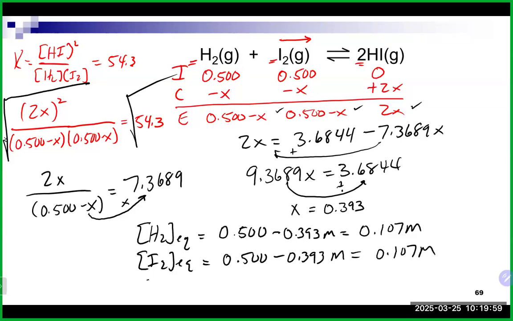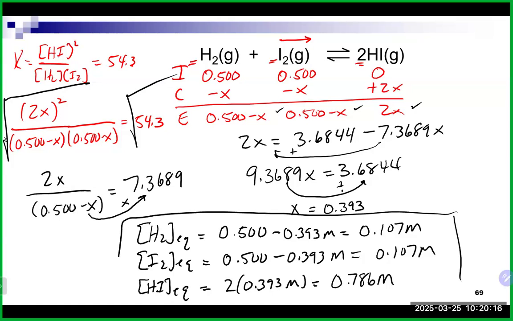And lastly, for our HI, it is 2 times x, so 2 times 0.393 is going to get us 0.786 molar here. And once again, these would be our equilibrium concentrations of everybody.